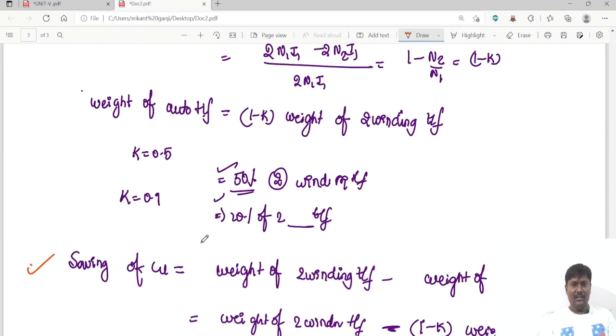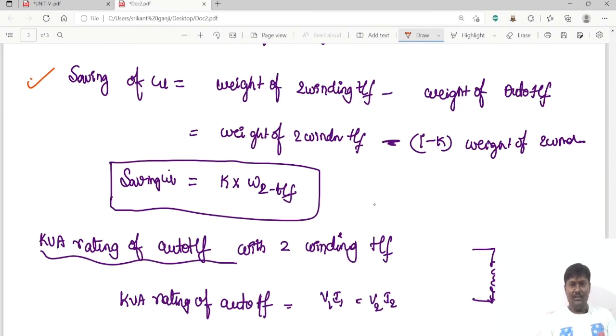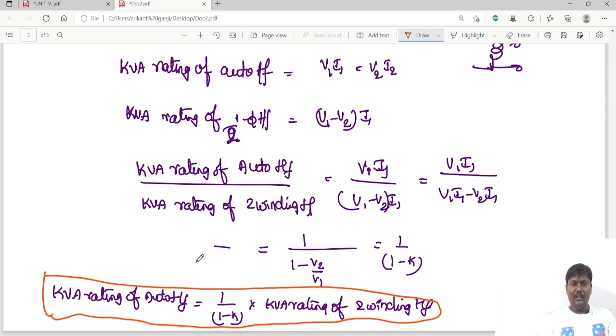And here also saving of copper is 1 by K for the step up transformer. This is for the step down transformer. The kVA rating is also 1 by (1 minus 1 by K). This is for the step up auto transformer.